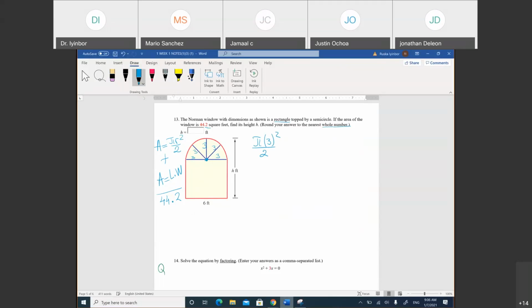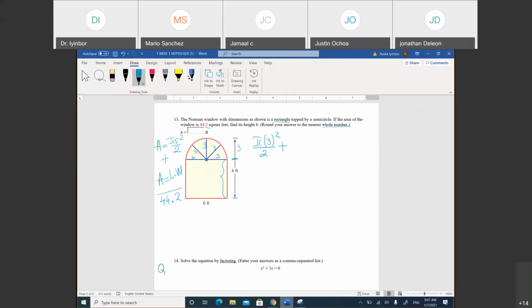Plus, now we're looking at the rectangle. One of the sides is 6. What is the other side? We need to find this side. You can use X or you can use H because they're asking me to find H. From the top to here is 3, because we know the radius is 3.